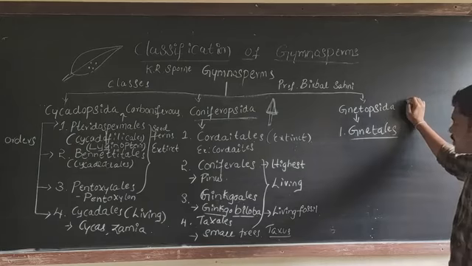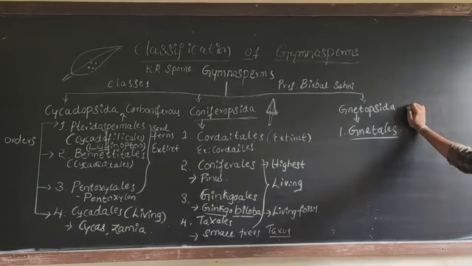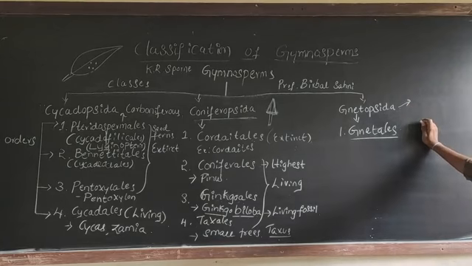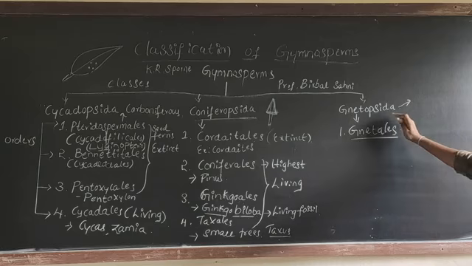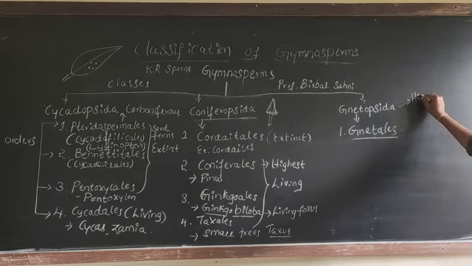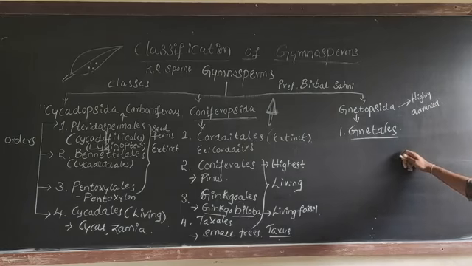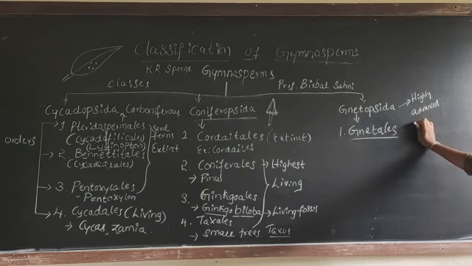If you look at the characteristics of Gnetopsida, the plants which belong to this class are considered highly advanced gymnosperms. Why they are highly advanced, I explained while discussing the general characters.